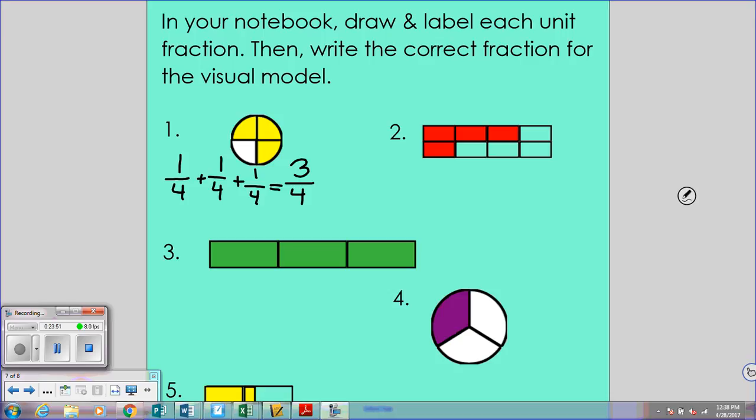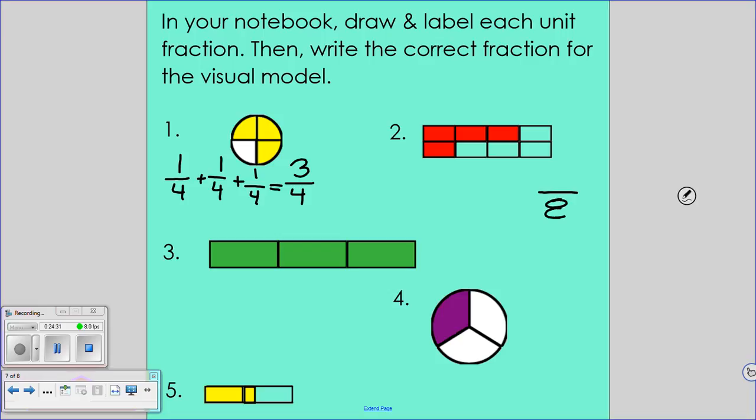How many pieces do I need to get the whole thing filled up? Well, there's going to be more than 4. No, it's going to be more than 4. How many total do I need to get the whole thing filled up? You need 8 total, so 8 is going to be my denominator.